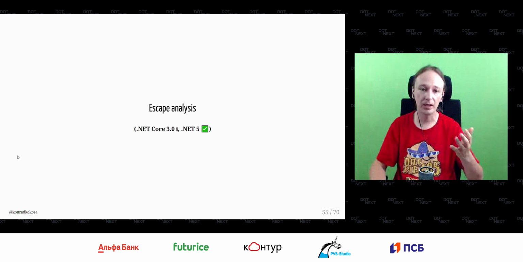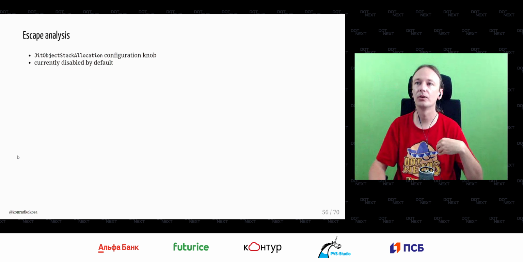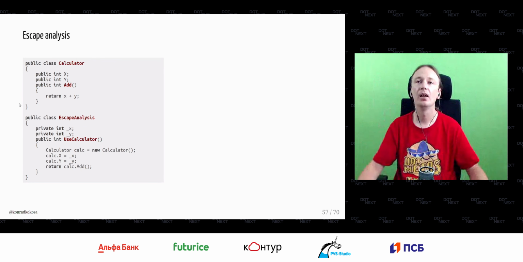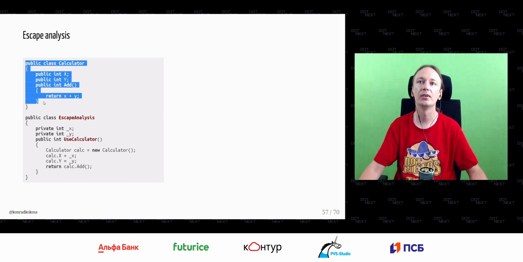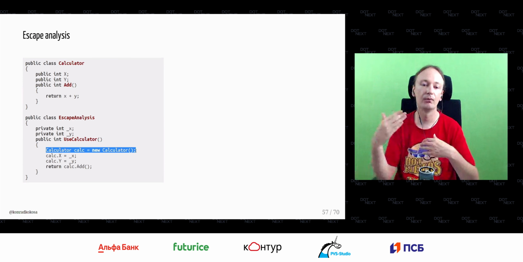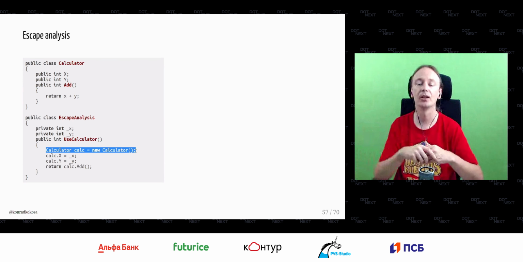Another thing is escape analysis that is already added also. So you have this possibility to use reference types that we know do not escape a particular method. So like here, we have a class that has some fields, it has some method, and we have a method which is using this class, but this class and instance of this class does not escape this method.